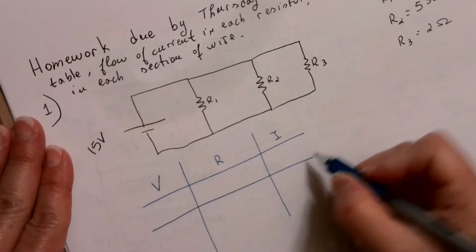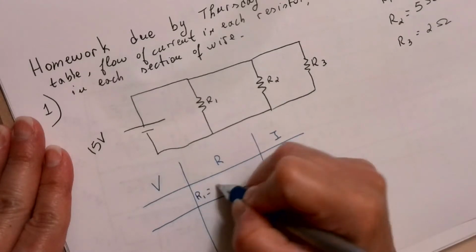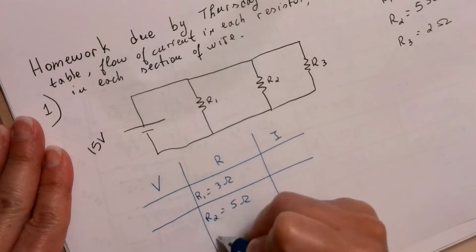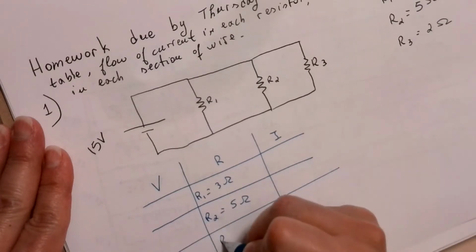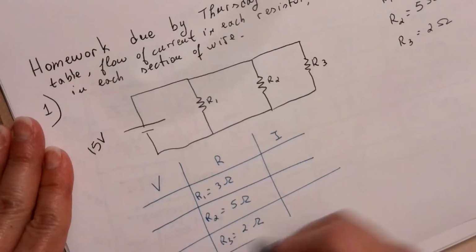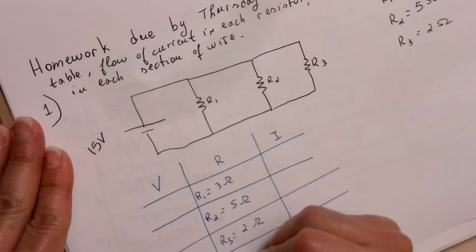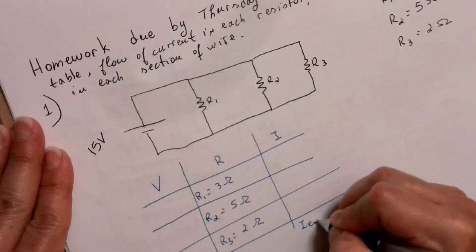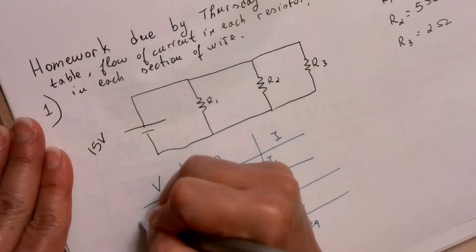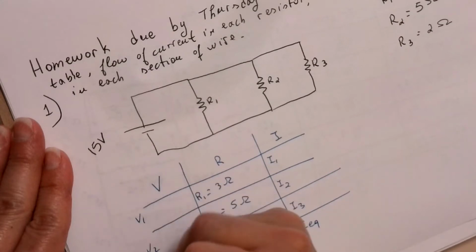Here you have R1, which is 3 ohms, R2, which is 5 ohms, R3, which is 2 ohms. Then you got to have R equivalent, I equivalent, I1, I2, I3, and you must have V1, V2, V3.